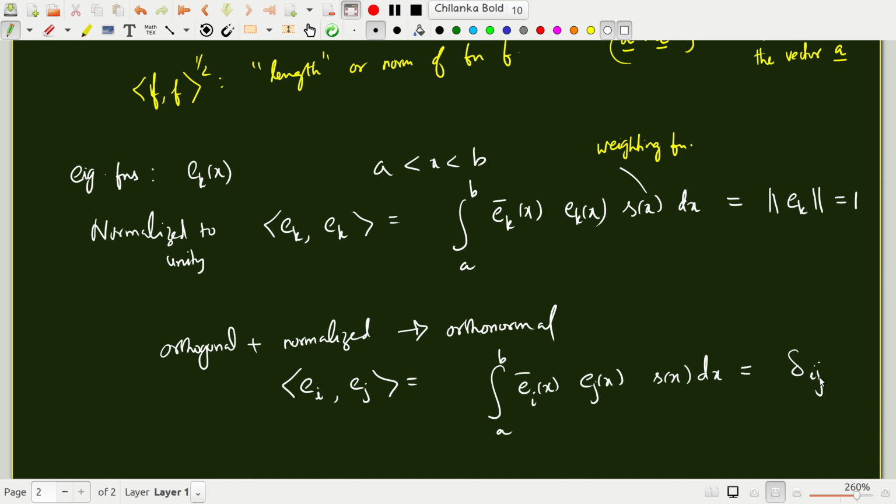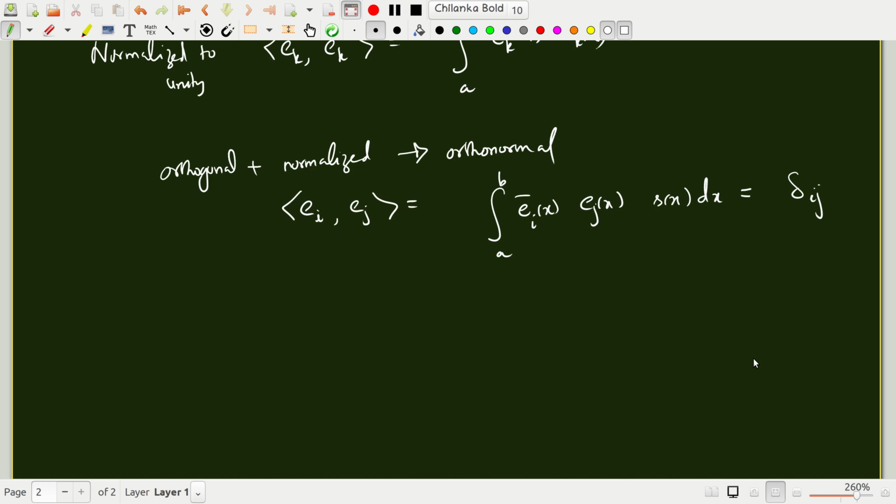Okay, so if the eigenfunctions are orthogonal and they are normalized, they are called an orthonormal set of eigenfunctions.